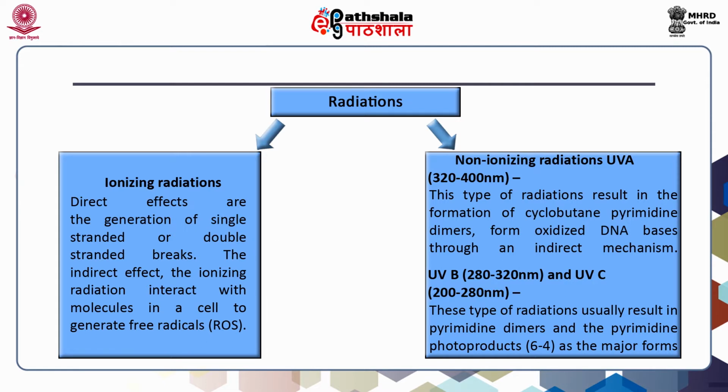Another non-ionizing radiation is the UVB type or UVC type, UVB being 280 to 320 nanometer and UVC 200 to 280 nanometer. These types of radiations usually result in pyrimidine dimers and pyrimidine photoproducts as a major form.